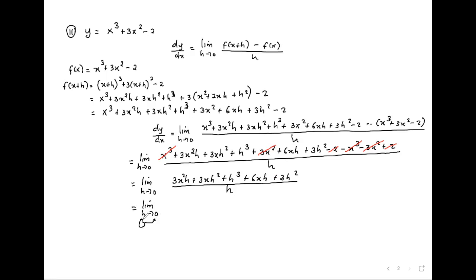So in this case, we want to put a 0 where there is h, but because h is in the denominator also, we can't put a direct 0 there. So we must deal with the h first. The good part is that all the things up there have h.